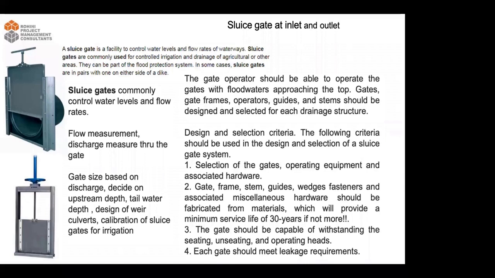There might be deformation, and all that has to be taken into consideration, because the gate is not only operational at the time of minimum flow; it has to be operational and effective during maximum flow also, right? You need to handle every aspect of that.